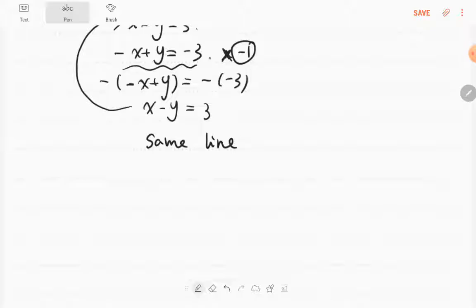Then they have infinite solutions. All the points on the line will be the solution. So they have an infinite number of solutions for this system.